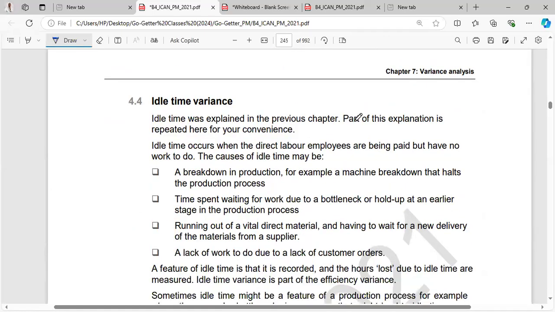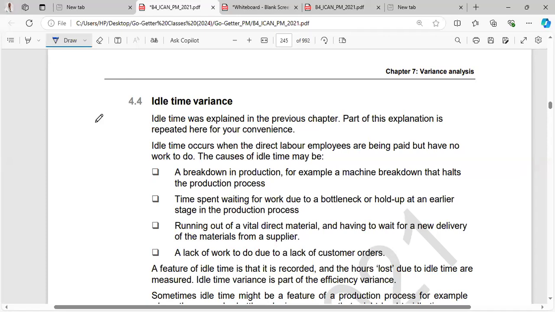Idle time variance is that idle time occurs when direct employees are paid but have no work to do. It may be because of production breakdown, maybe machine breakdown, they're waiting for them to fix it, or maybe there is a time waiting for work to be done.